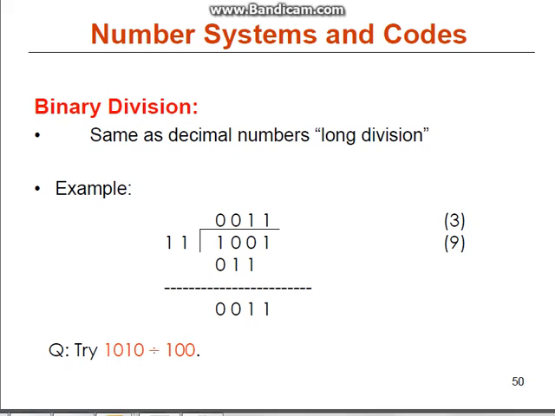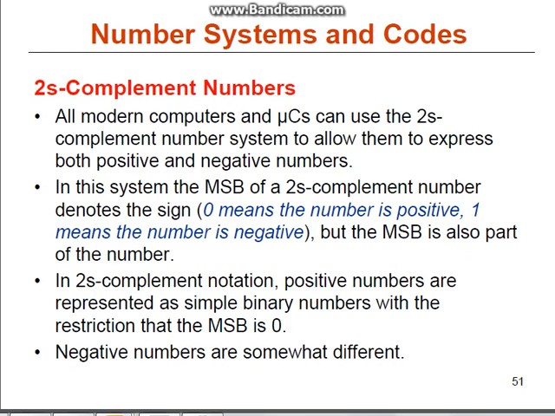This is 1 1 1, so this is where your 11 comes from, and then you do your binary subtraction and what you get after, and so on. To play safe, every time you can check your final answer with the decimal equivalent. I think this summarizes what we have talked about for 2's complement.